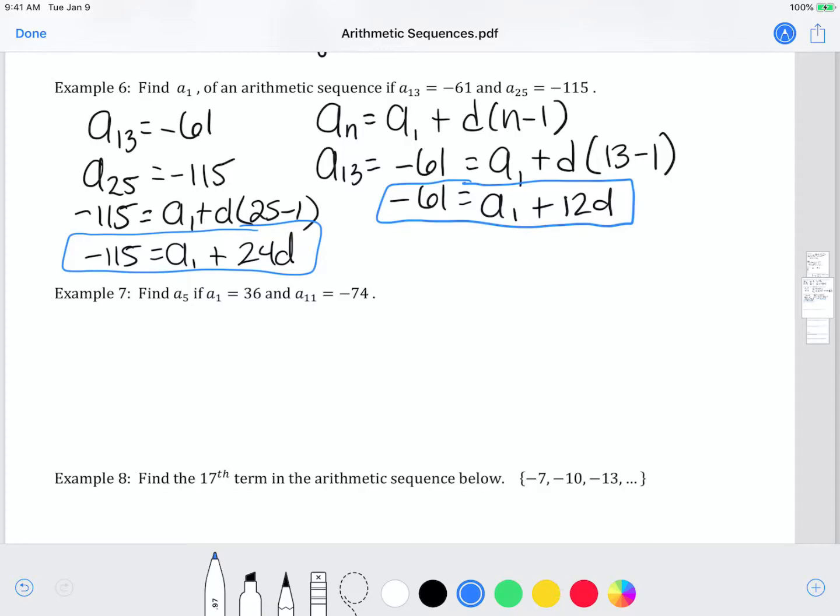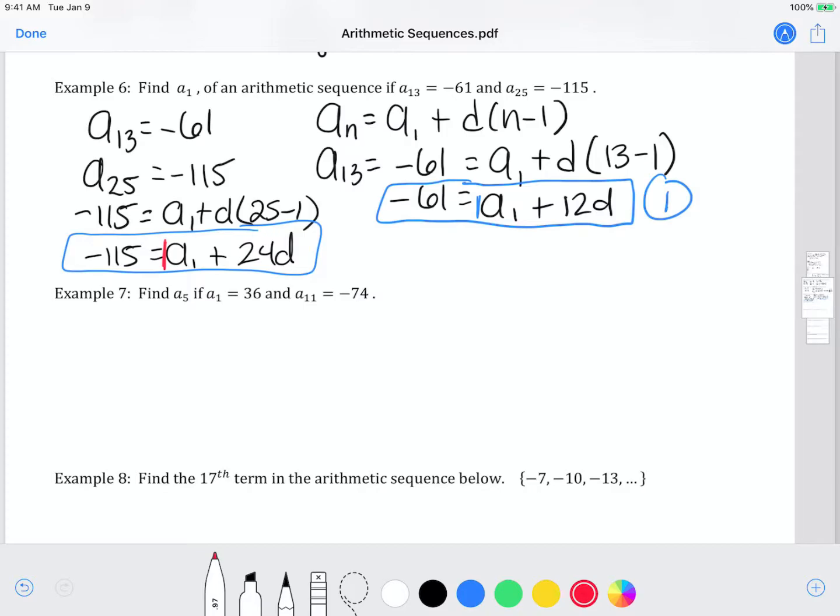So my coefficients, if I call this equation 1, my coefficient in front of the A1 would be 1, so I would put in 1, 12, and then my constant would be negative 61 that I put in at the end. Then for the second equation, I have a coefficient of 1, then I have 24 for D, and then my constant on the end would be negative 115. And then I would hit solve.